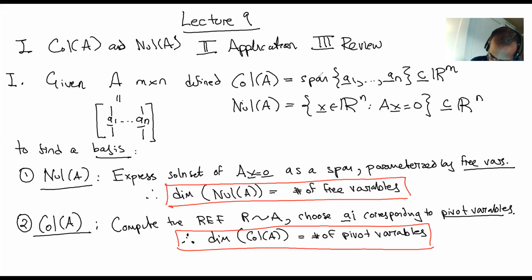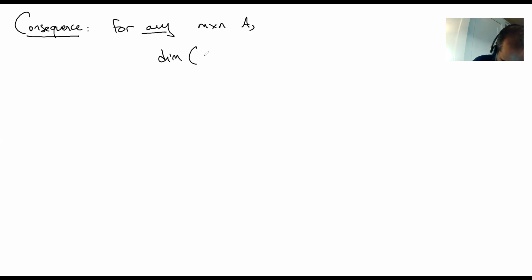The consequence is that for any m by n matrix A, the dimension of the null space of A plus the dimension of the column space is always equal to n. This is a famous, important result called the rank nullity theorem.